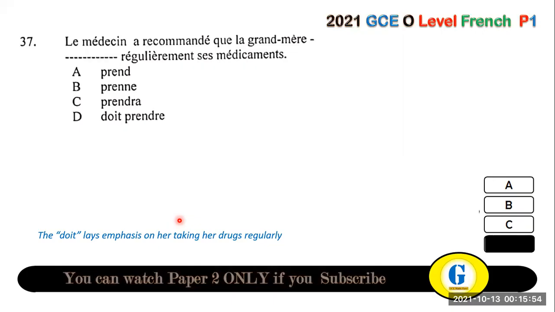So here we can take prenne, we can take most of these, but we can take prenne, but prend will not go because there is no emphasis. Prendra will also not go. This one is future, prendra. This one here is laying a lot of emphasis on taking the drug. So the doctor emphasized that she needs to regularly take her drugs. Okay.